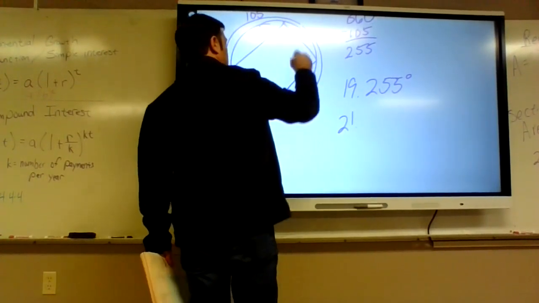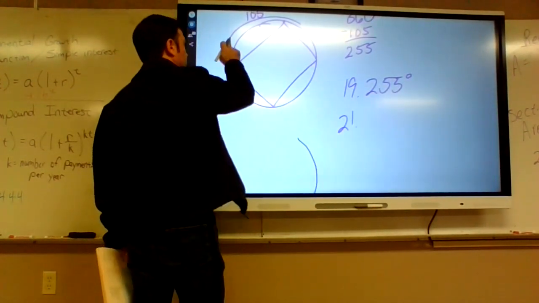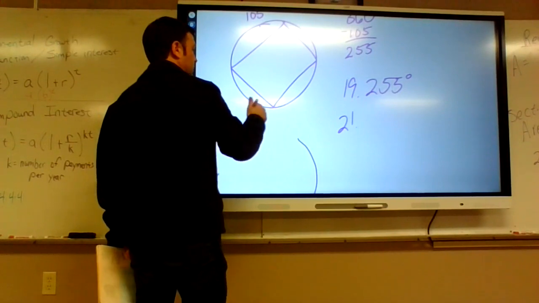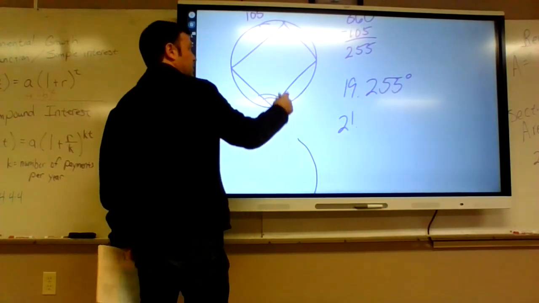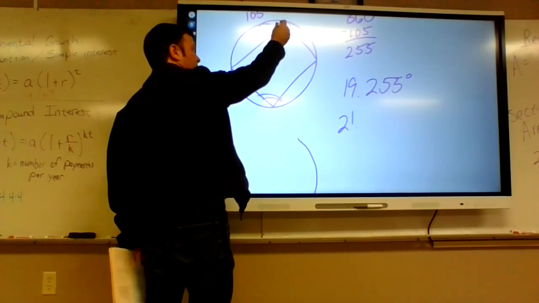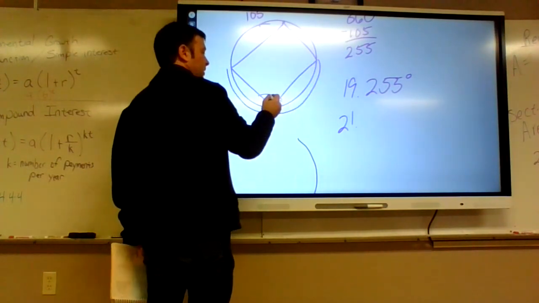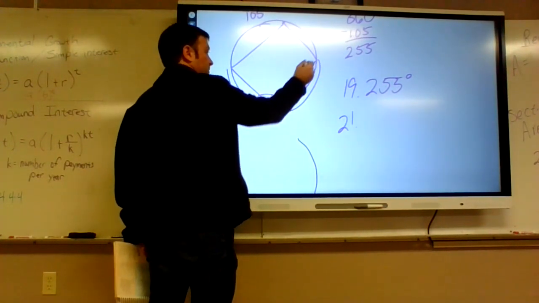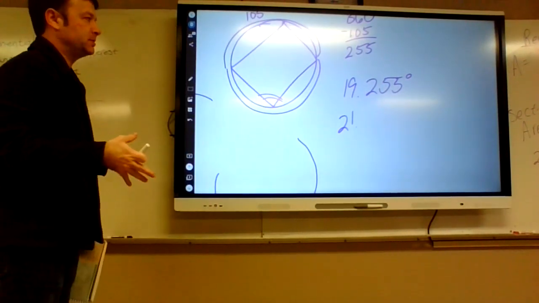We probably haven't done it for a couple weeks since we've been gone, but it's this angle plus this angle. Do you guys see what arc this angle intercepts? That one. What arc does this angle intercept? That one. So together they make up the whole circle.